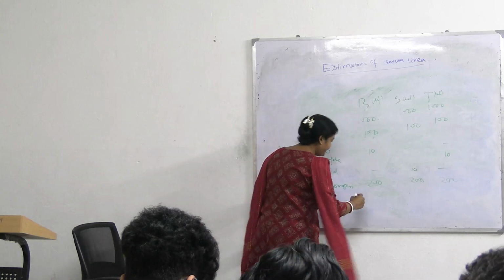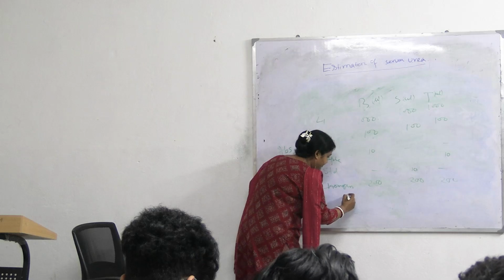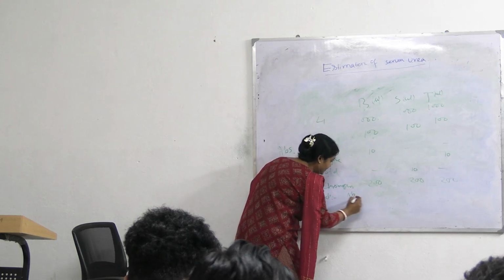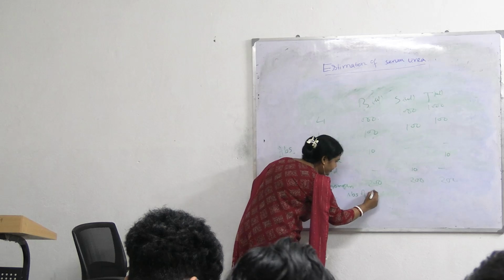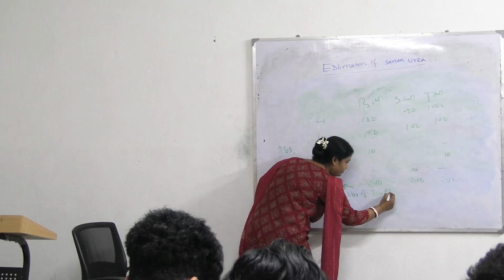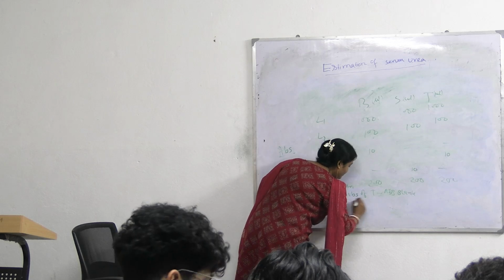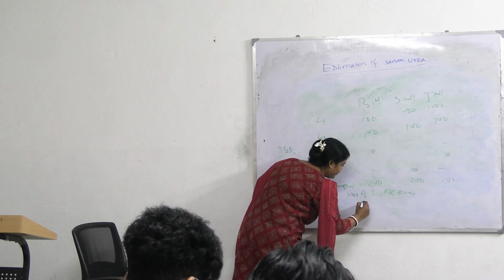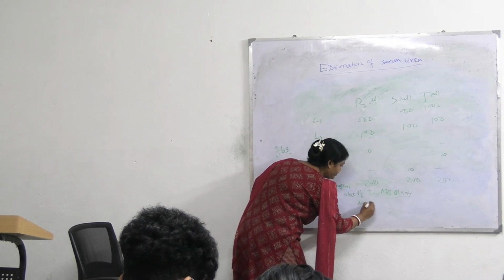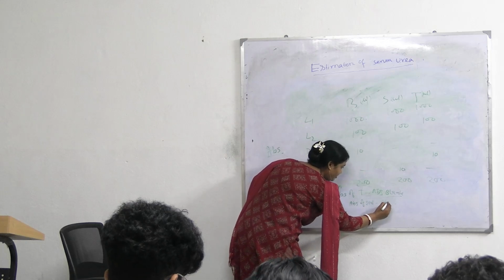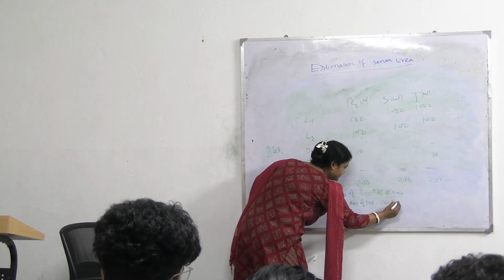What the machine will see is absorbance, and how the calculation will be done: absorbance of test minus absorbance of blank, by absorbance of standard minus absorbance of blank.